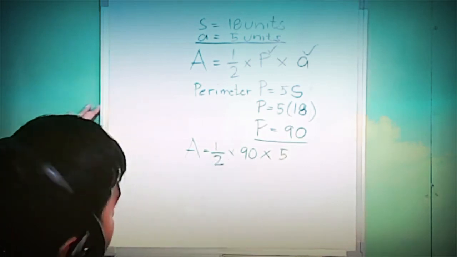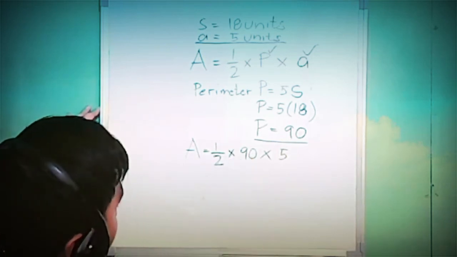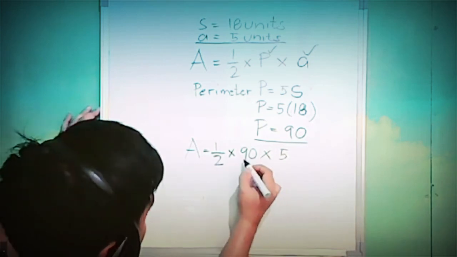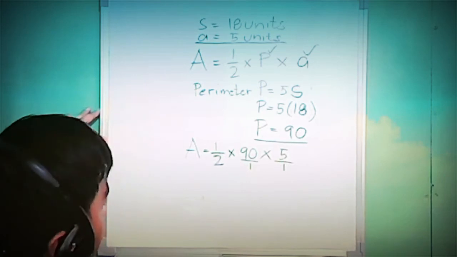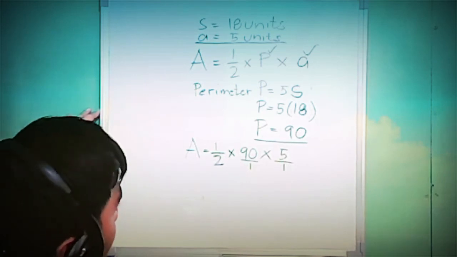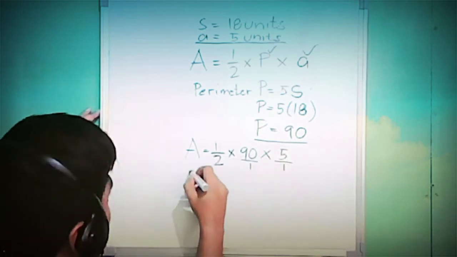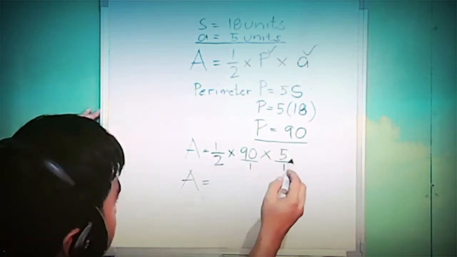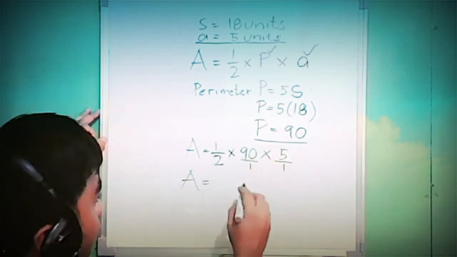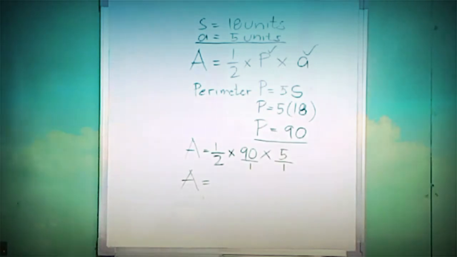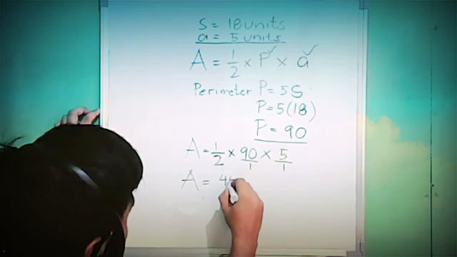By the rule in multiplying fractions, we put 1 over here and 1 over there, so that we can multiply the numerators and the denominators. First, we multiply the numerators: 5 times 90 times 1 is 450.